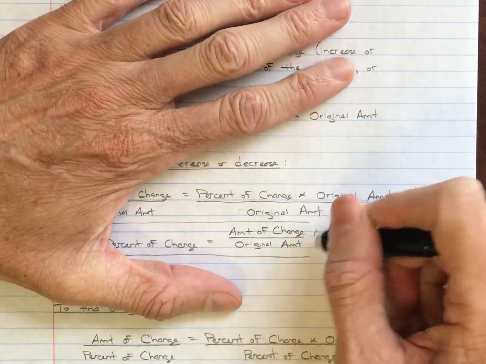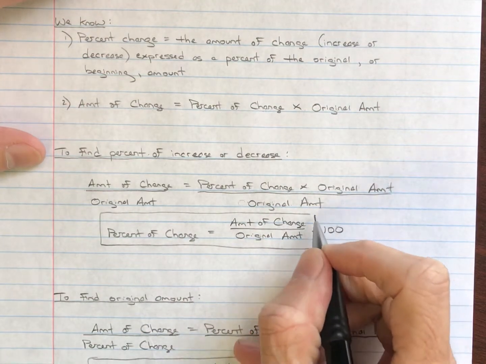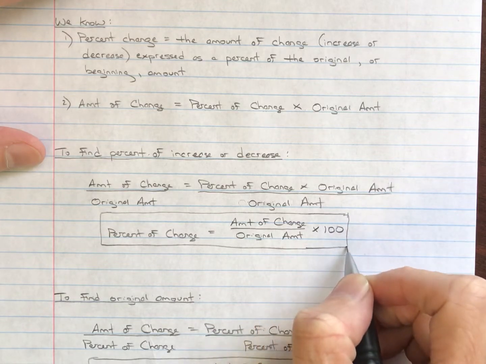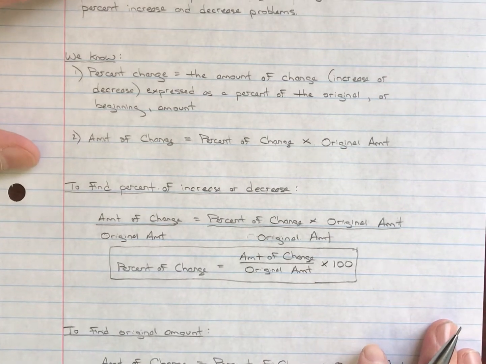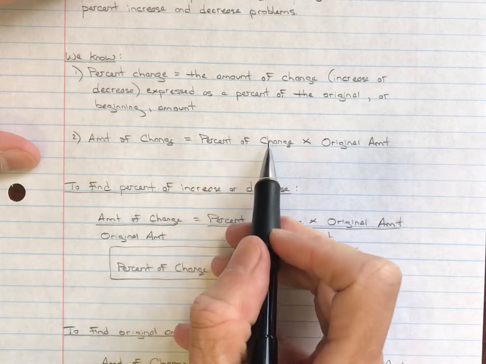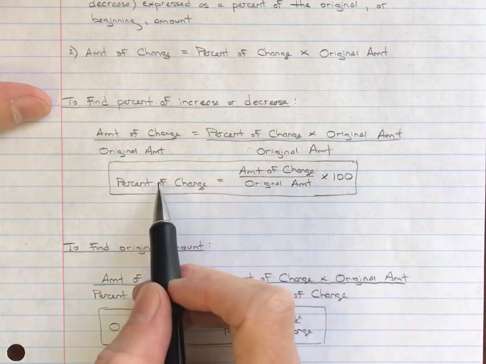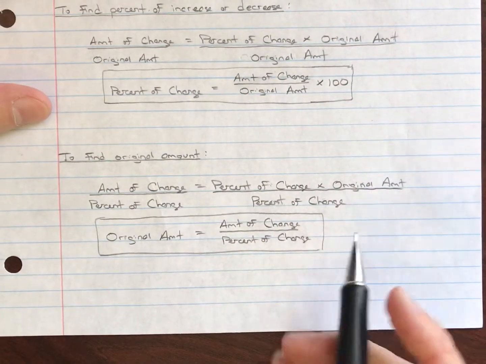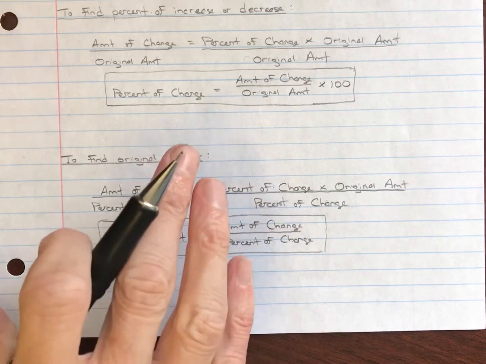So in order to get the percent, I need to multiply this result, this quotient, by 100 to get the percent. Again, because we do our math using a decimal up here, the decimal equivalency of the percent, in order to get the percent down here, I'll have to do times 100 to get the percent. Here, I'm going to use it as a decimal, and it'll give me the original amount.